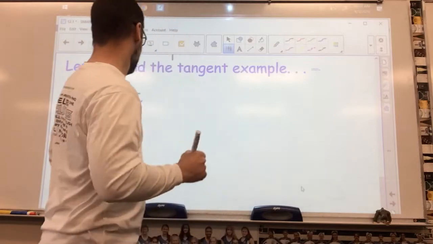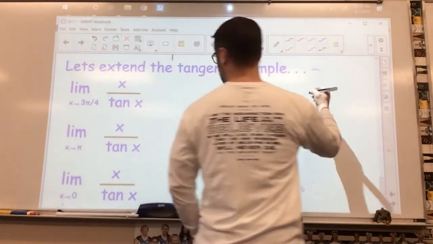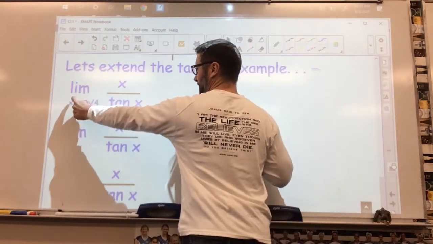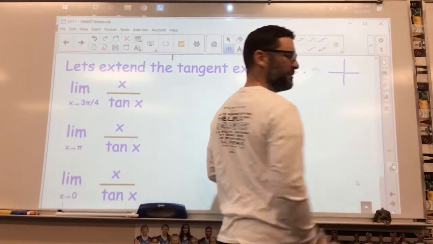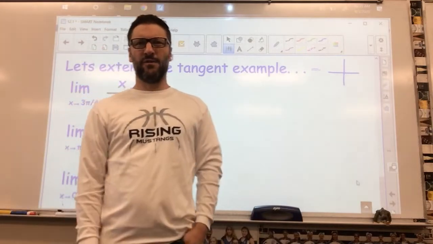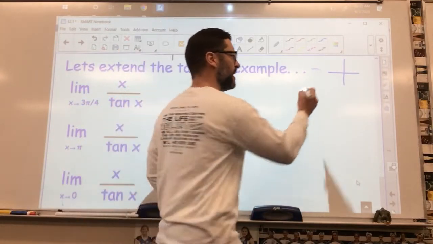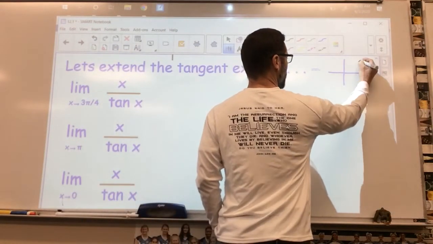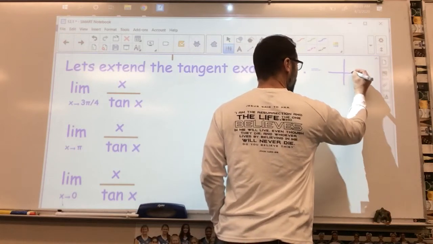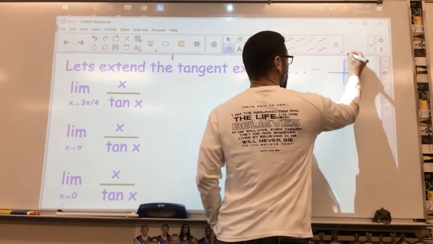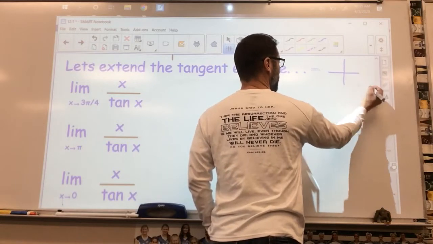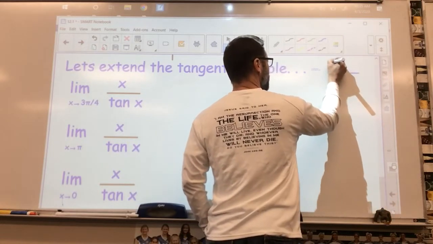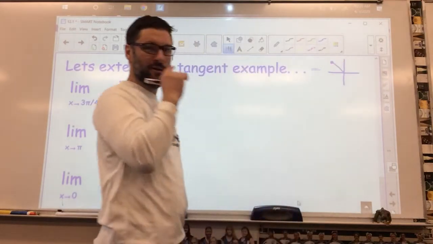I'm going to start by finding the limit as x goes to 3 pi over 4. Do you remember where 3 pi over 4 is? 1 pi over 4, 2 pi over 4, 3 pi over 4, 4 pi over 4, 5 pi over 4, 6 pi over 4, 7 pi over 4, 8 pi over 4. 3 pi over 4 was right there.